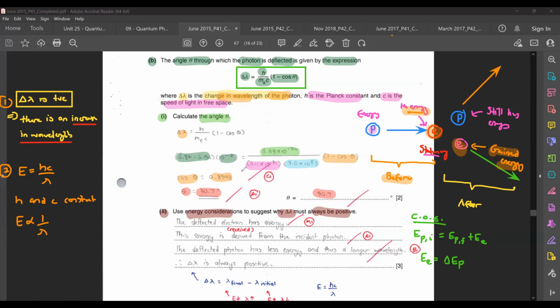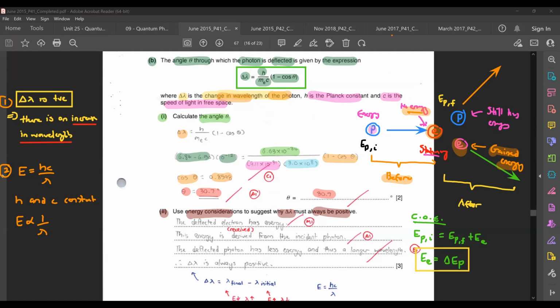That is one thing you can actually see from here. Let's just assume that this one is energy of photon before collision, and this one is energy of photon after collision.